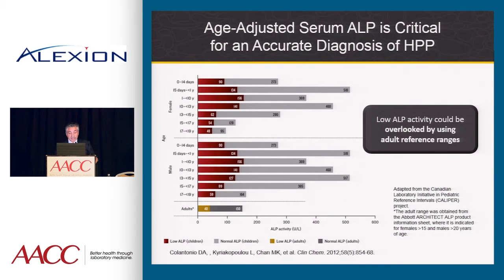Now, this is a slide that was shown by Dr. Zaritsky. Basically, the CALIPER data has now been used to determine these cutoffs for different age groups and genders that could be used for more appropriate diagnosis of this condition, hypophosphatasia.